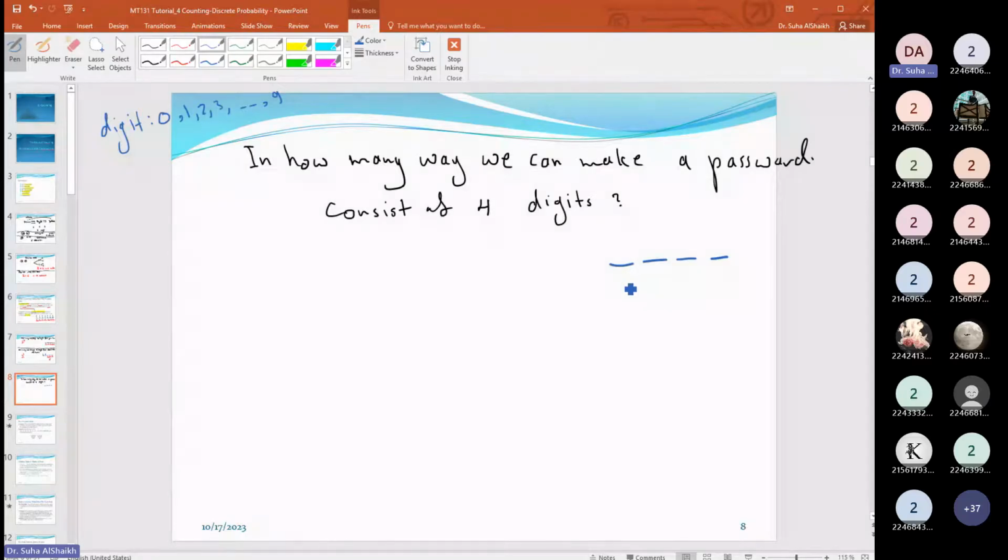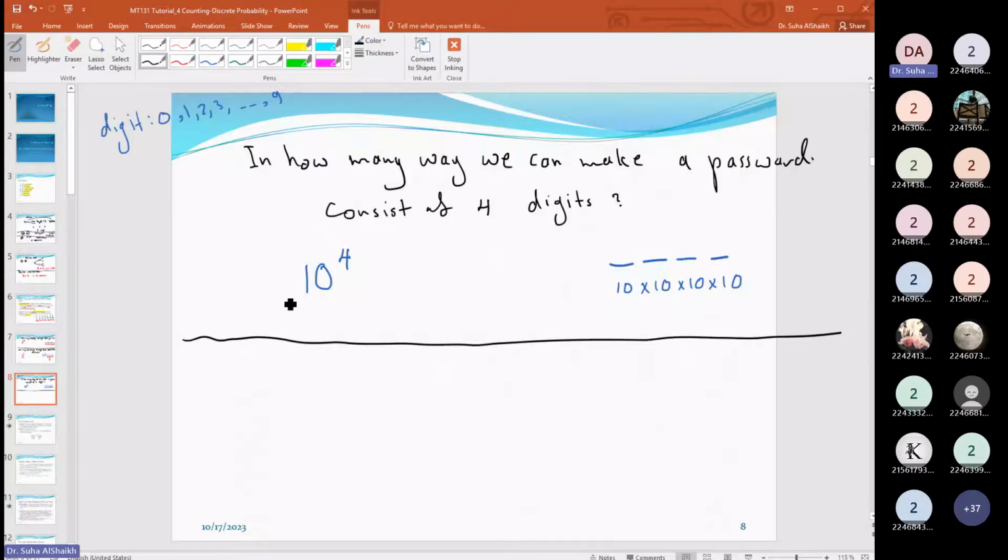So for the first place I have 10 options, and the second place I have 10 options, and the third I have 10, and the fourth I have 10. So actually the answer is 10 to the power 4. How is it 40? No, it is 10 to the power 4 actually. 10 to the power 4 is not 40. Do the calculation, use your calculator and find what 10 to the power 4 equals.